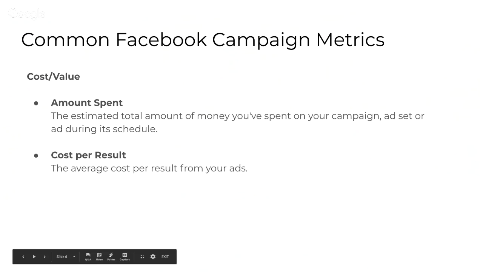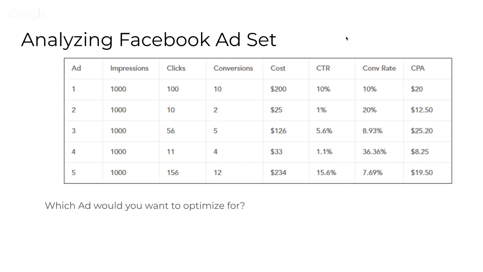And so the next slide, I have an ad set. I think I've actually taken this from Google AdWords, but this is very similar to what you'll see within Facebook. We have 5 different ads here, the number of impressions, and from our previous slide, you remember this is just how many times your ad has been seen, the number of clicks to the ad, and then conversions or the end result.